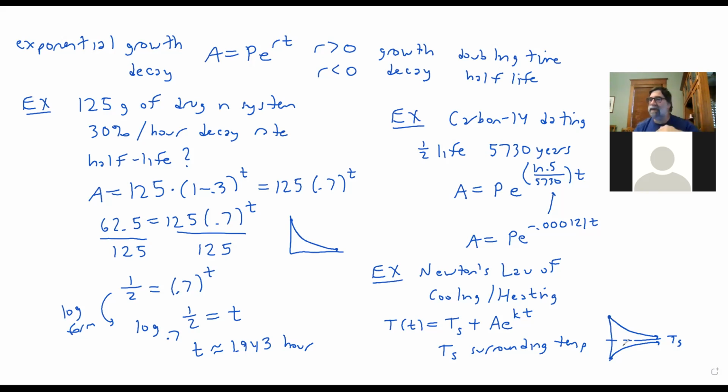I like to think up because we want our temperatures to be positive. I realize we are getting close to winter, so maybe that's not accurate anymore. But starting at a higher temperature, decreasing down to the surrounding temperature. Think about something taken out of the oven, pouring yourself a cup of hot beverage, or taking something out of the freezer and having it warm to room temperature, for example.